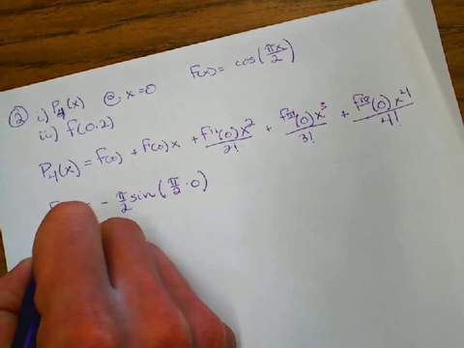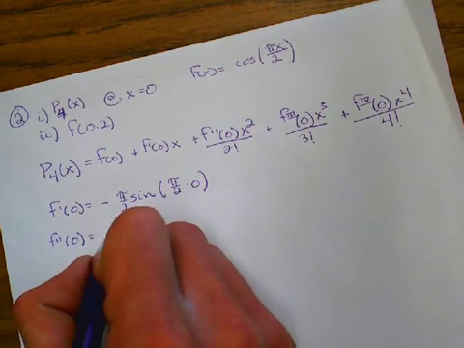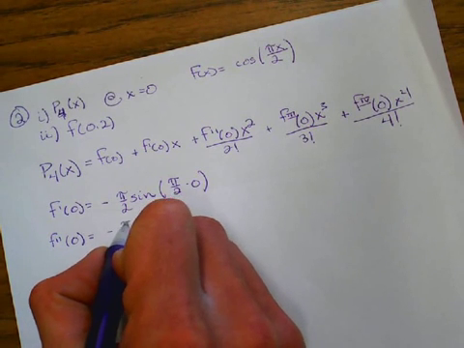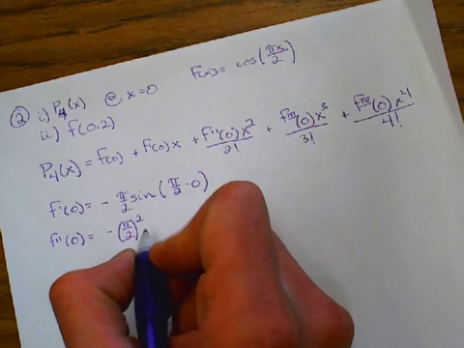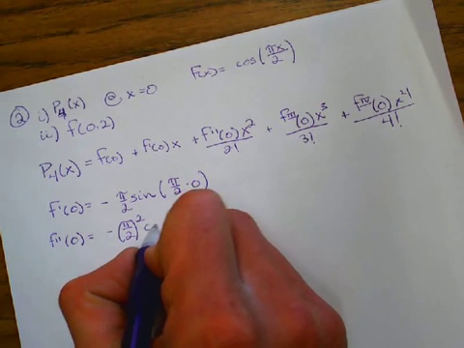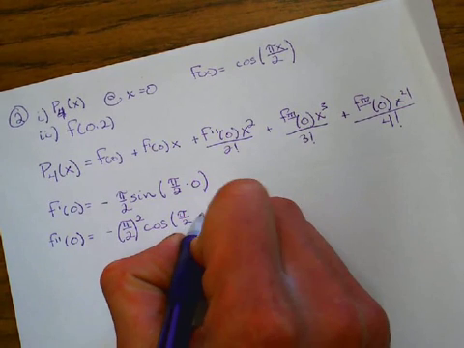And the second derivative, you're going to have a negative. We're going to have to multiply by a pi over 2 again. And this time it's cosine of pi over 2 times 0.